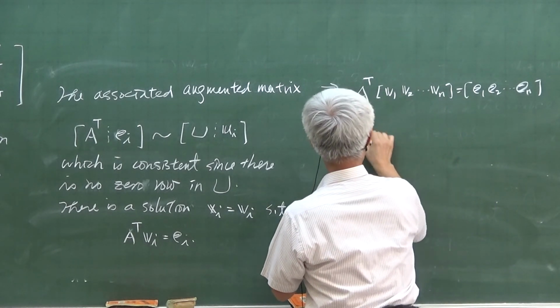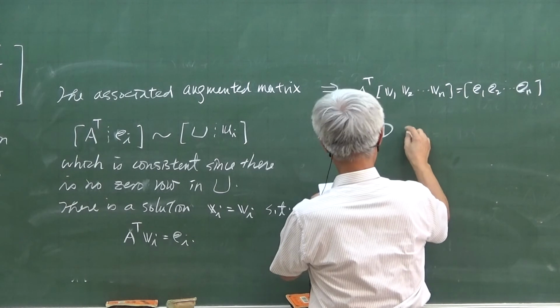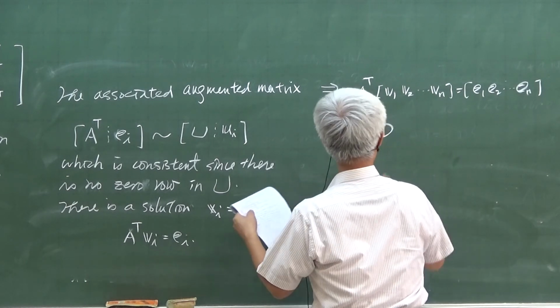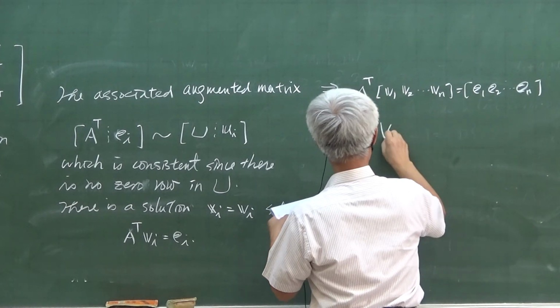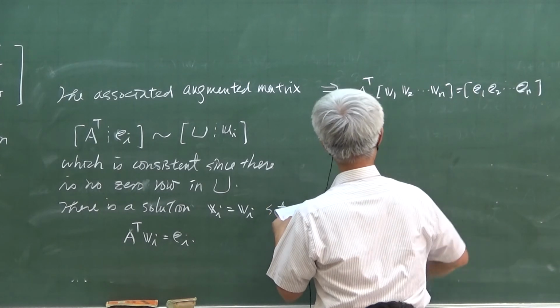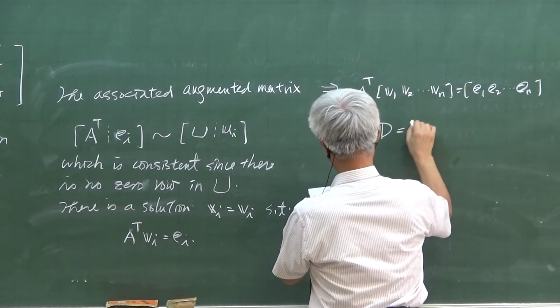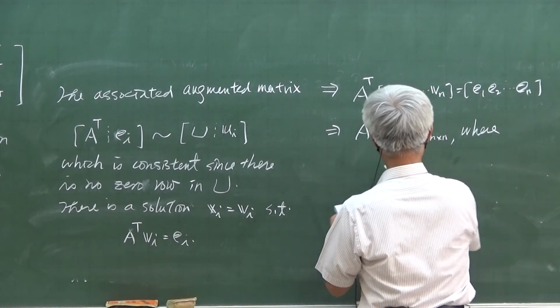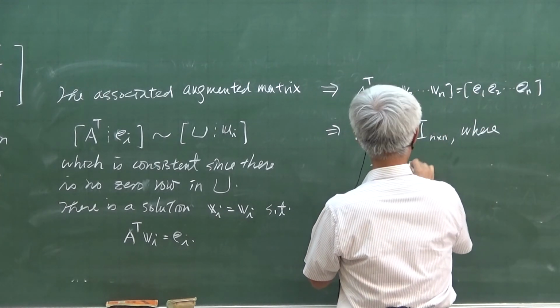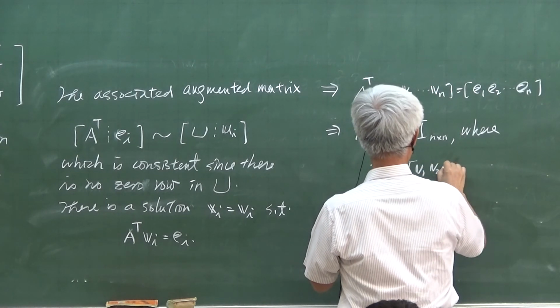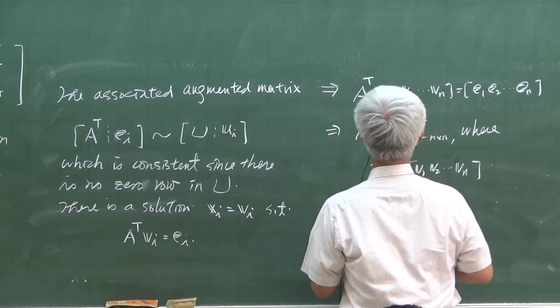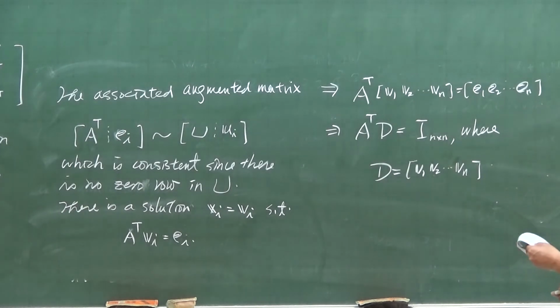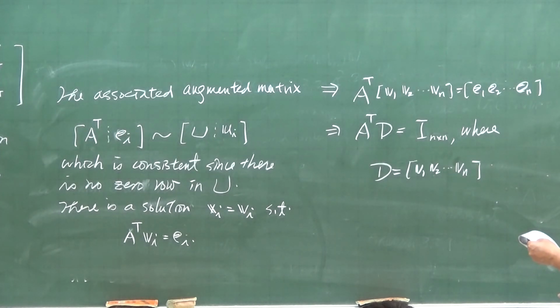This implies A transpose times V equals the identity, where the matrix V is V1, V2 up to Vn.